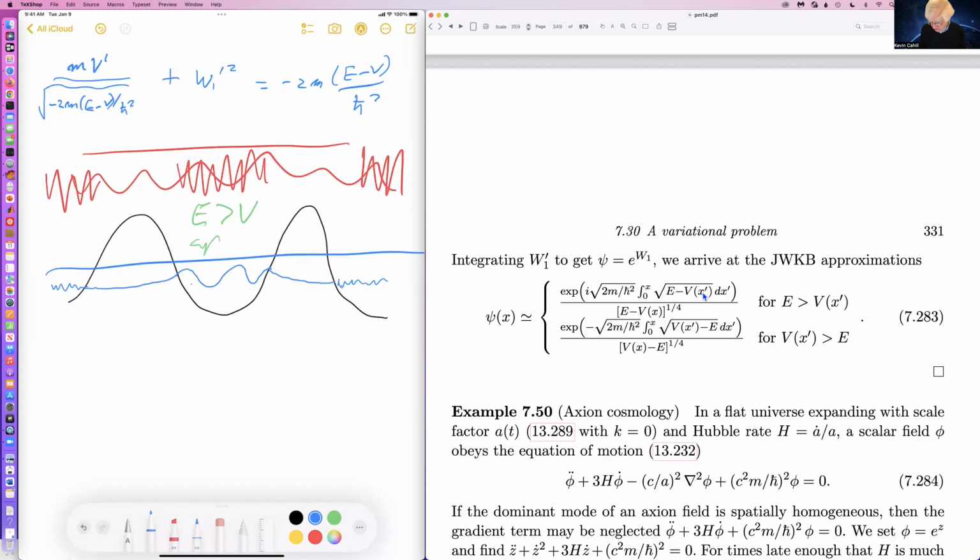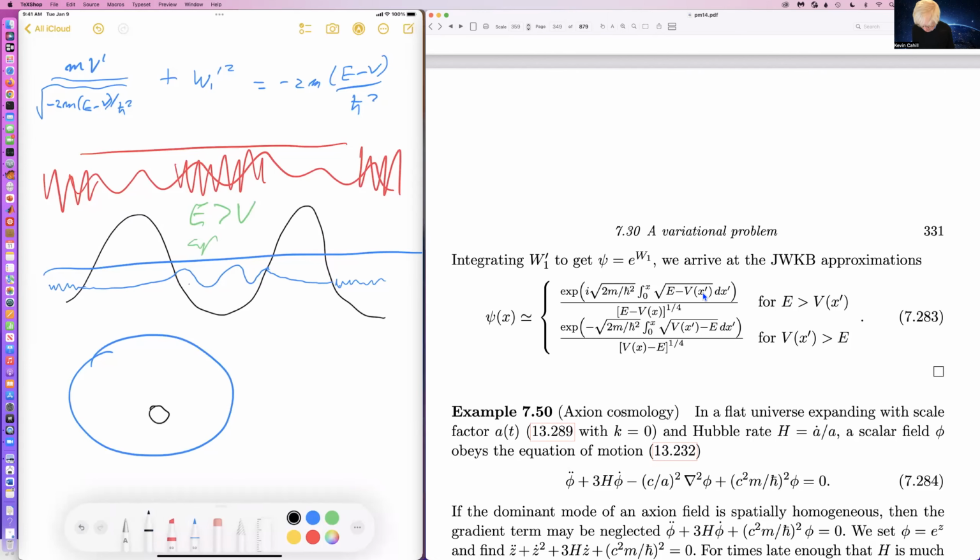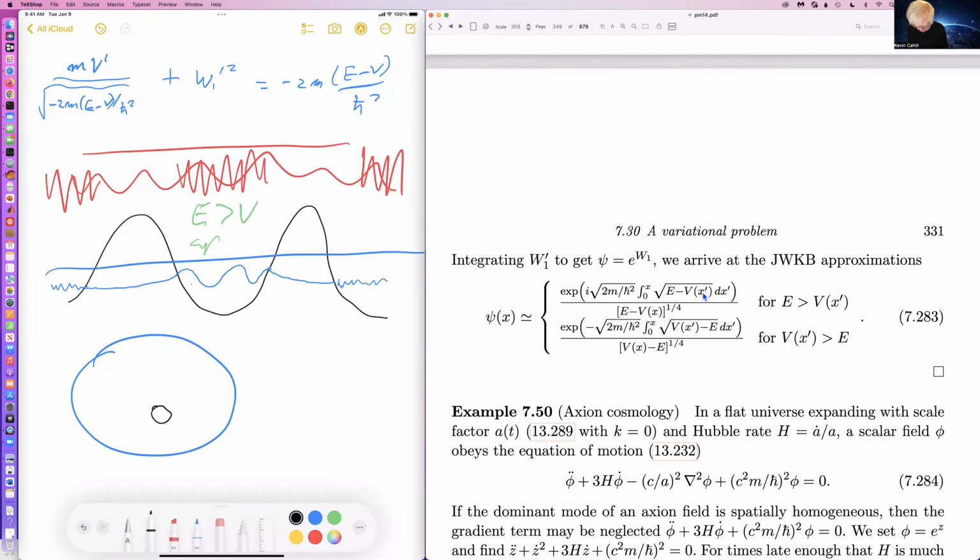study nuclear physics, and in particular nuclear decay, and in particular alpha decay. In other words, you have a big nucleus and an alpha particle in here, which of course is 2 protons and 2 neutrons. And it's sort of happy in there.